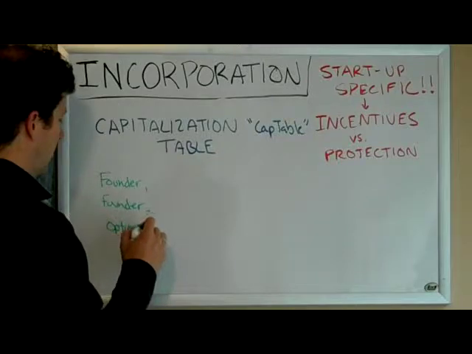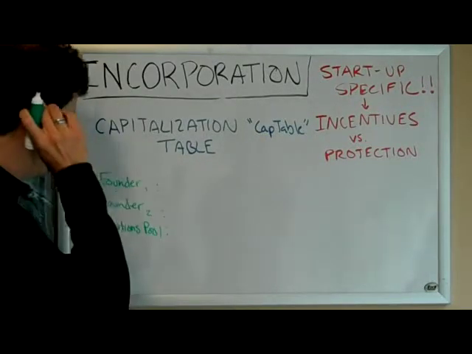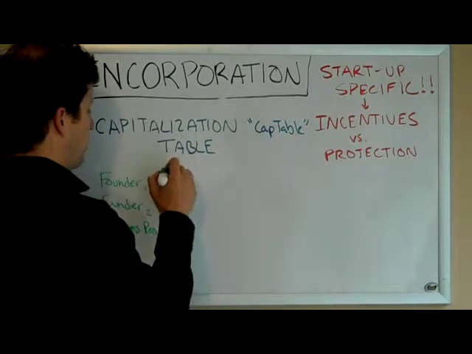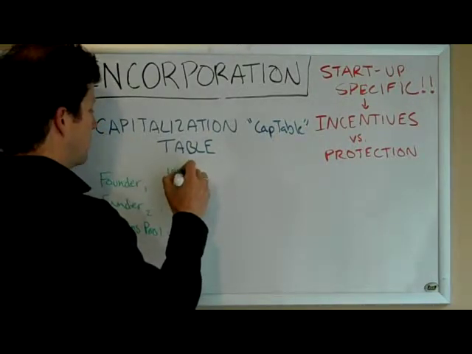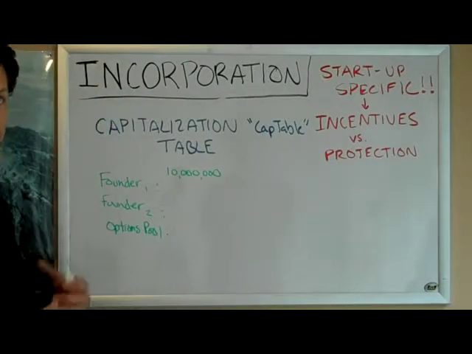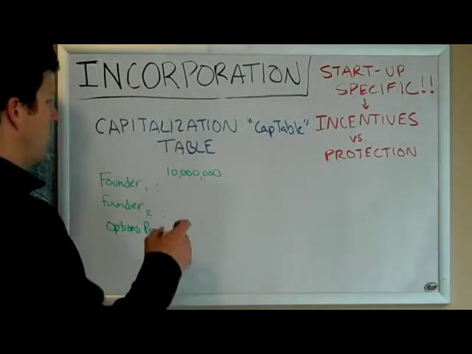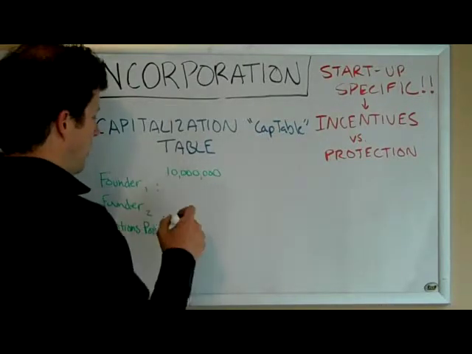Okay, so in this case, we created, for the sake of argument, 10 million shares in this corporation during your incorporation. That's one of the things that happens during your incorporation, is you choose how many shares and what value those shares represent. So let's say we have created 10 million shares.